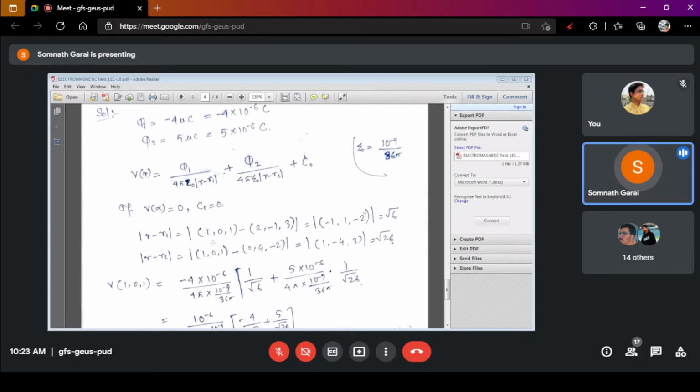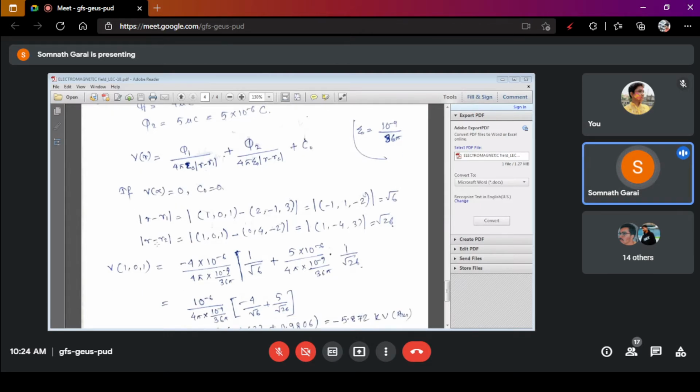Put this value 1, 0, 1 minus the vector location of the q point, 2, minus 1, 3. So the position vector will be minus 1, 1 and minus 2. If we take the mod, it will be root 6.